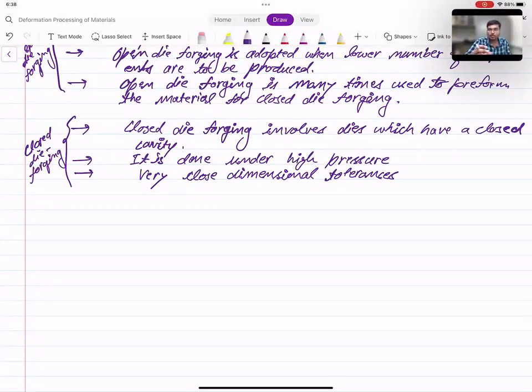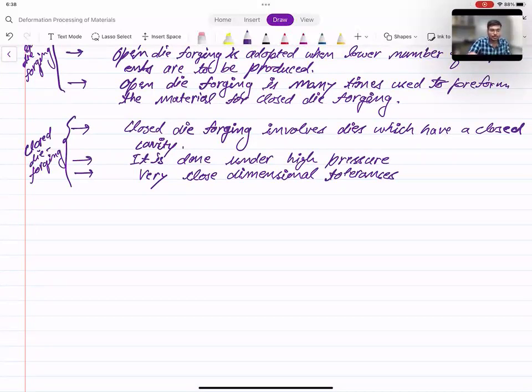So it basically is done like an impression, the closed cavity impression is carried over to the metal workpiece. So this is known as impression die forging.